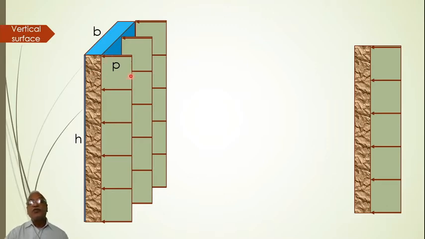In such a case, the total force which is acting on the surface would be the pressure multiplied by the area. You have studied that pressure is nothing but intensity of the force, or force per unit area. So force per unit area multiplied by B into H gives you the total force, right? But every time we will not be able to draw the figure like this.